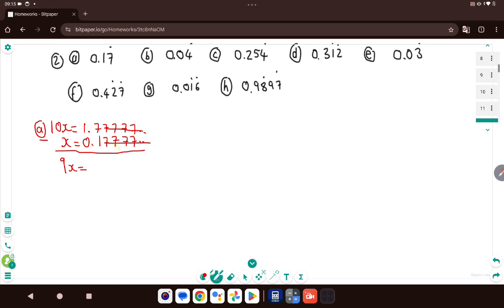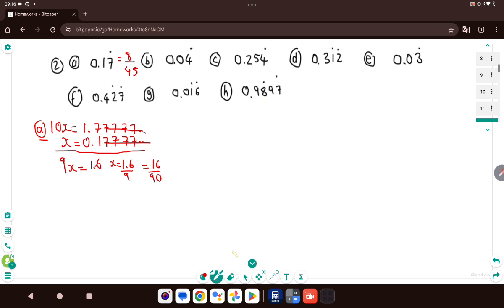It disappears here and here. 1.7 take away 0.1 is 1.6. Divide both sides by 9. Multiply both sides by 10. See if it simplifies. Yeah, 8 over 45. I'll just move this down a little bit so you can see where the dots are. There we go, it's a bit better.